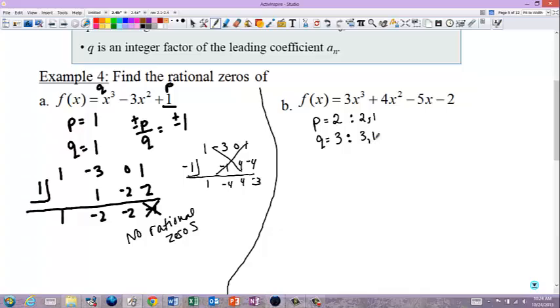So let's start with 2: plus or minus 2 over 3, plus or minus 2 over 1, plus or minus 1 over 3, plus or minus 1 over 1. I have to put all the p's over all the q's, and then I test them. It is always easiest to start with 1, and you have to test. You have 1, 2, 3, 4, 5, 6, 7, 8 choices here.